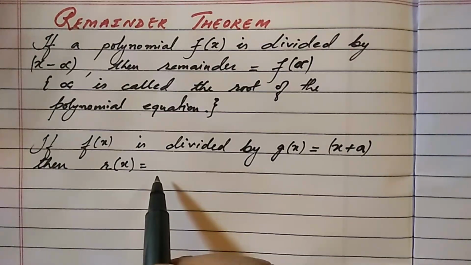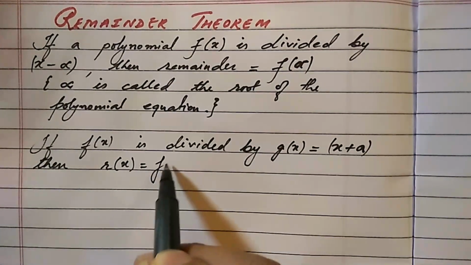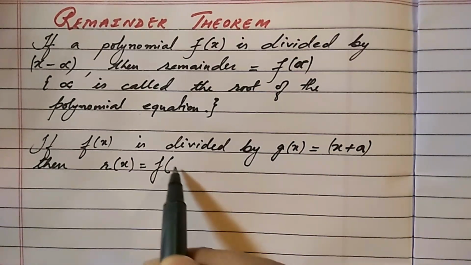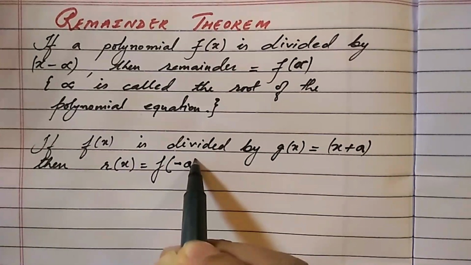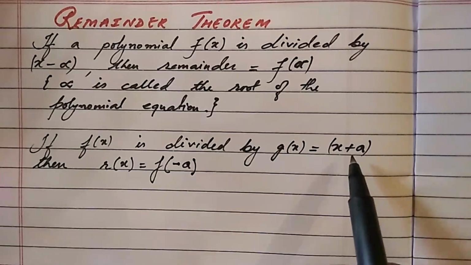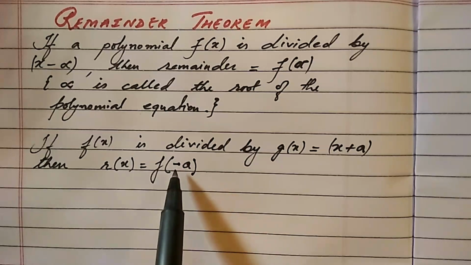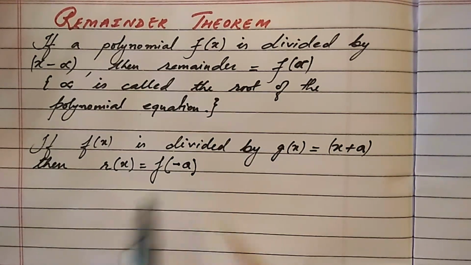And how do we obtain the remainder? By simply replacing the value of x in f(x) by minus of a. So here, when we have plus a, then in f(x) we replace it by minus a.